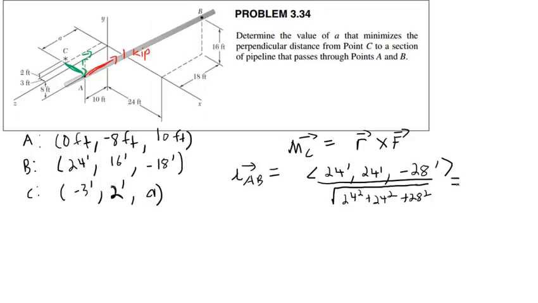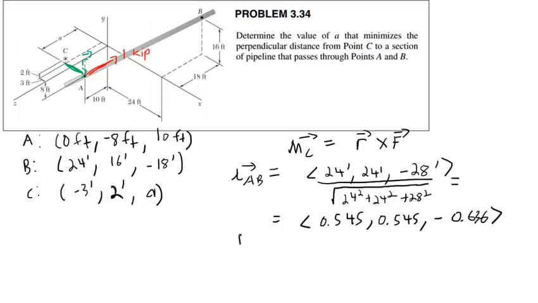I'm just going to skip a few steps here to quickly calculate this. And I get 0.545, comma, 0.545, comma, negative 0.636, like so. And that is the unit vector along here.